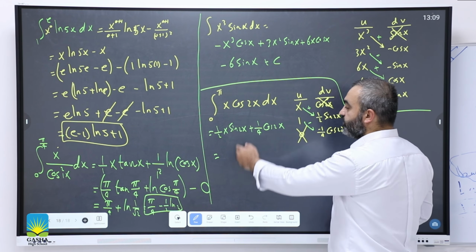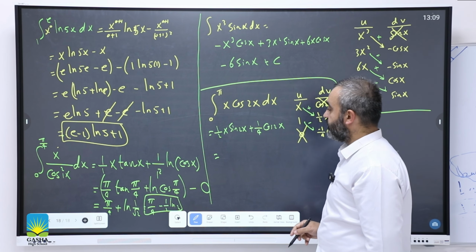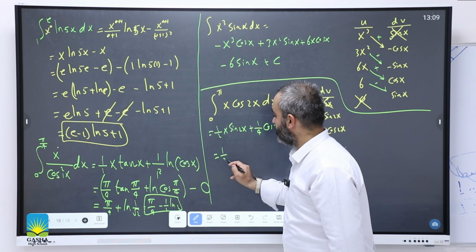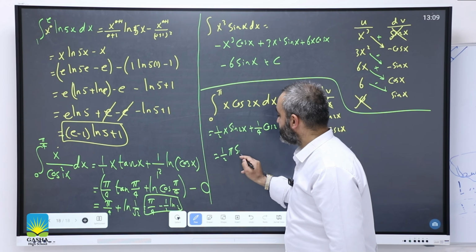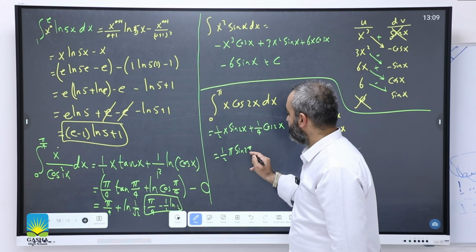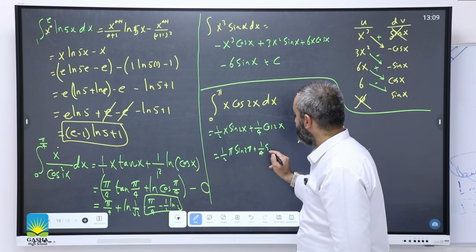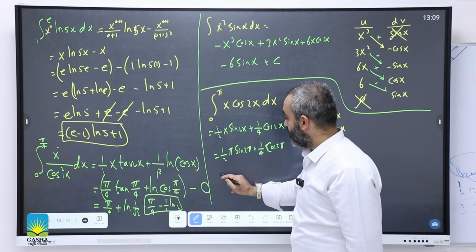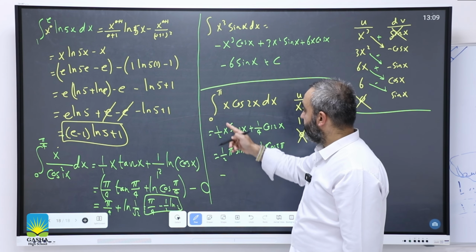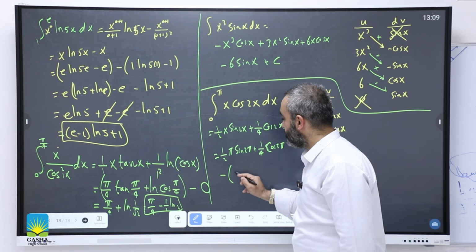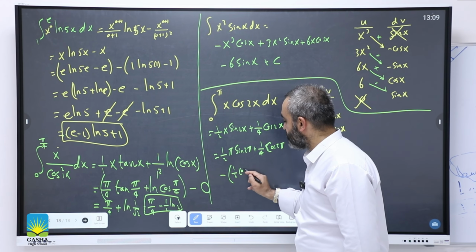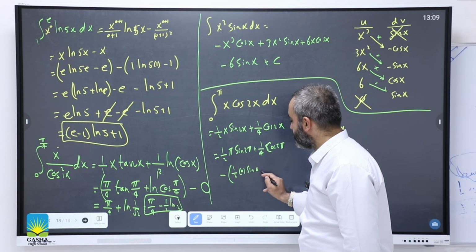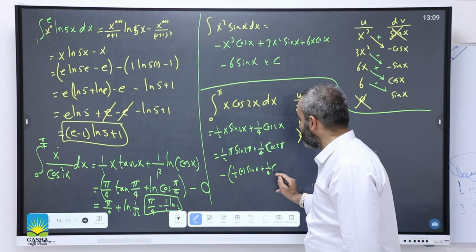So we replace pi in all x, 1 over 2 pi sine 2 pi plus 1 over 4 cosine 2 pi, right? And minus, we replace 0 here, 1 over 2 times 0 sine 0 plus 1 over 4 cosine 0, right?